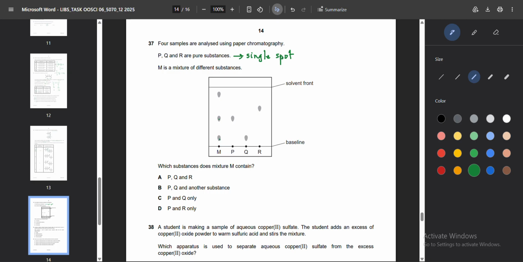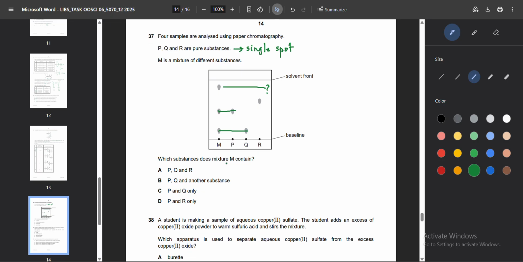Now we are going to match M with P, Q and R, and let's see what M is made up of. Yes, it matches with Q, it matches with P, but it does not match with R. It means that it has something else which is not being shown in the chromatogram.